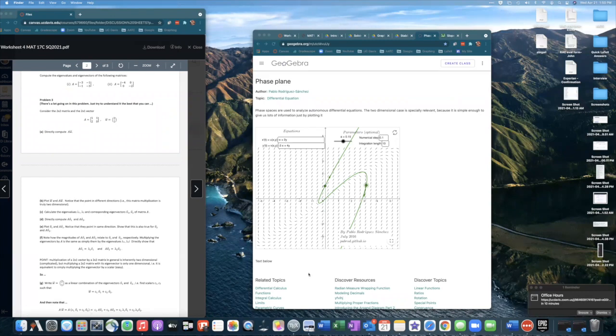Anyway, what I'm trying to say is that if you graph the eigenvectors, the eigenlines, y equal to x, and what was the other one? Y equal to 3/2 x.